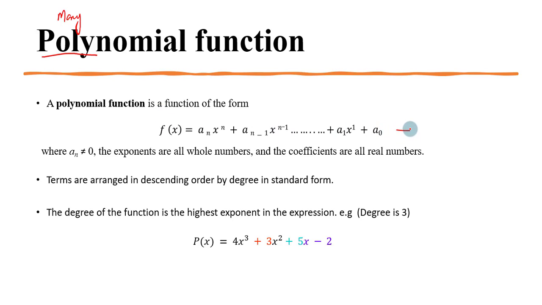For example, equation 1 gives us the general representation of a polynomial function, in which we can see a number of terms separated by the arithmetic operation, addition.